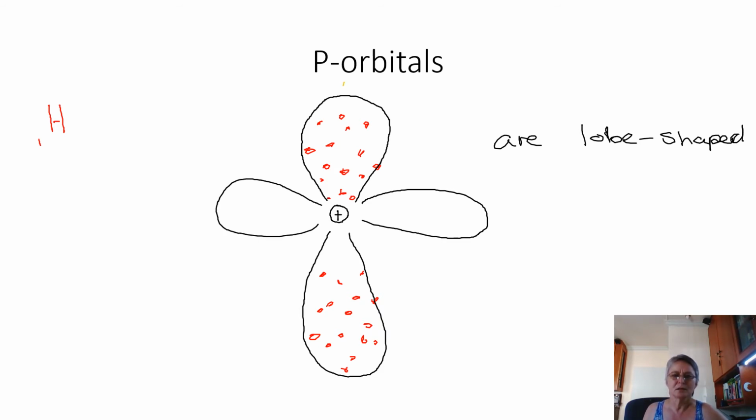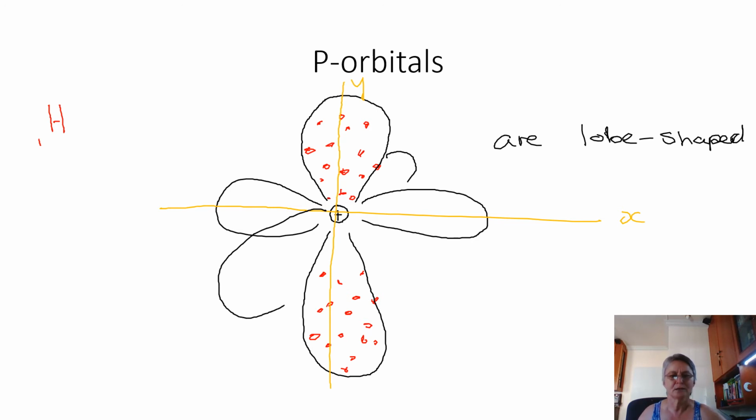In mathematics, the vertical axis is called the y-axis, so that's a py orbital. The horizontal axis is called the x-axis, so that is the px orbital. And coming out from the back to the front would be called the z-axis.